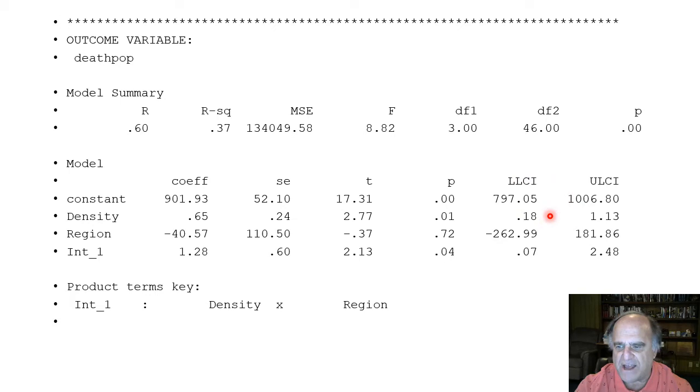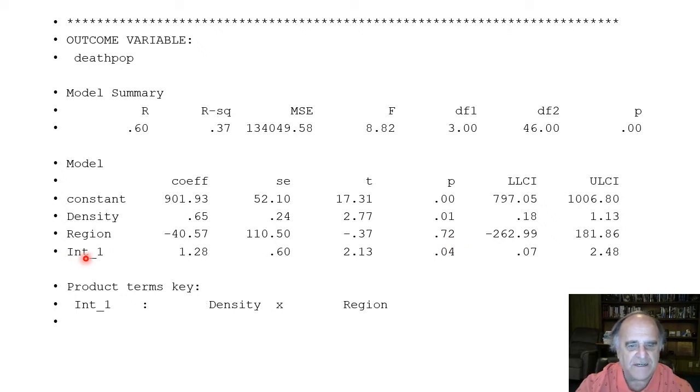These are our bootstrapped generated confidence intervals for these parameters in the model, or for these variables or factors in the model. So for the factor of density, you can see the coefficient here, standard error, t. It is significant. The p-value is 0.01. Region, again, that's north-south, is not significant.